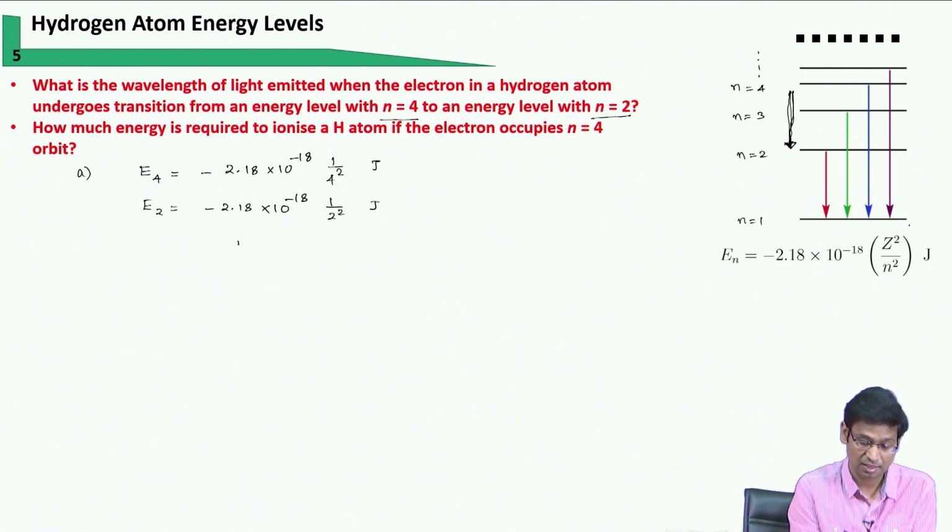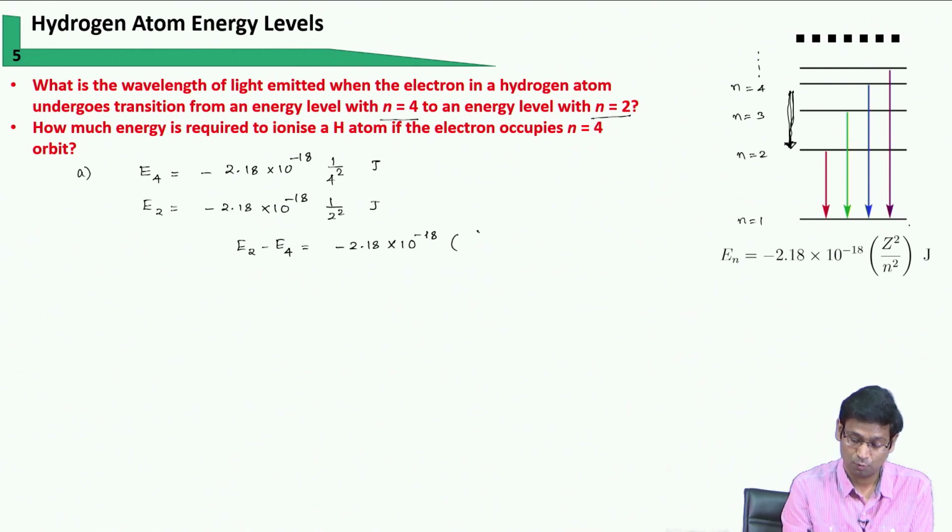When the jump happens, what is the energy of the emission? The emission energy is given by E final minus E initial. So, you would get 10 to the power minus 18, 1 by 4 minus 1 by 16.